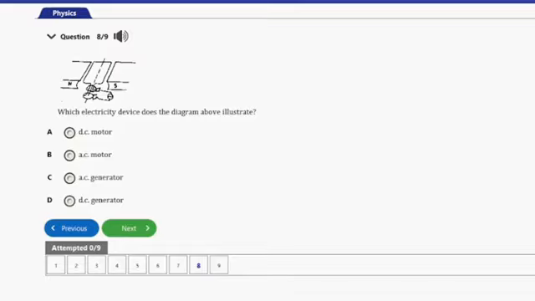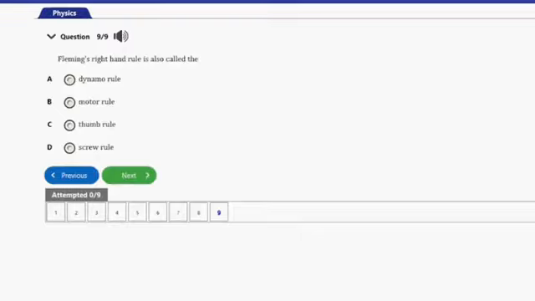Let's go ahead and consider the next and last question. That's question number 9 here. It says, Fleming's right-hand rule is also called the: A. Dynamo rule, B. Motor rule, C. Thumb rule, D. Screw rule. The answer to this question is option A, and that's the dynamo rule.